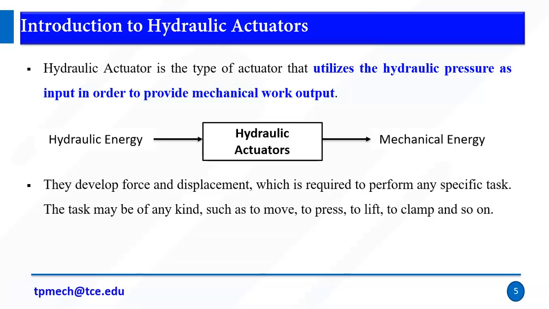If you consider a hydraulic pump, it converts mechanical energy to hydraulic energy, in other words low pressure input to high pressure output. The function of the pump is to increase the pressure of the fluid. But a hydraulic actuator is a device used to do some work. The inputs are hydraulic energy and the outputs are mechanical energy.